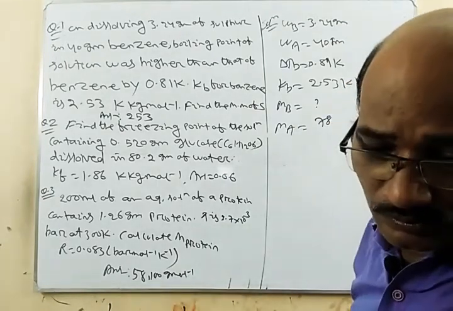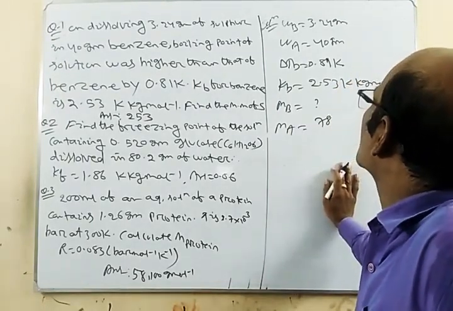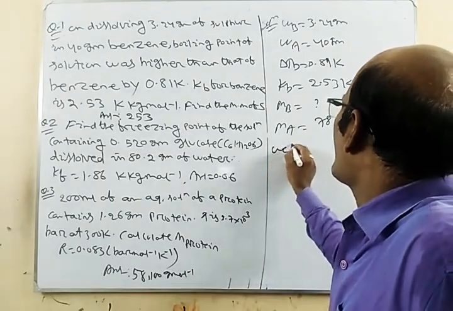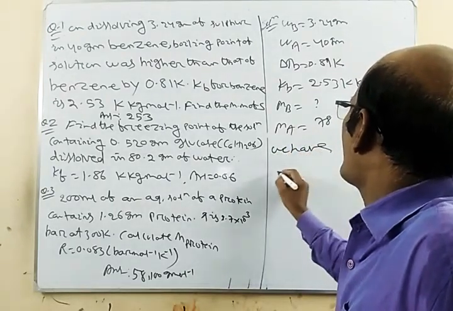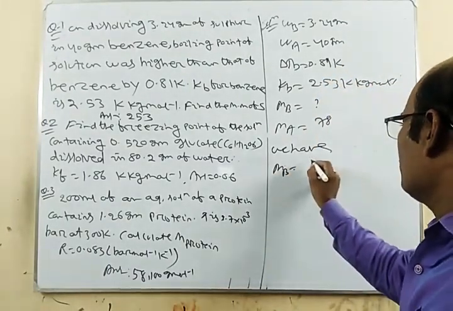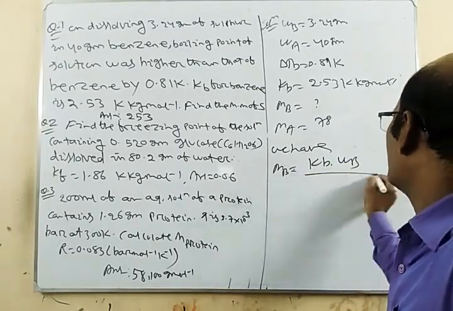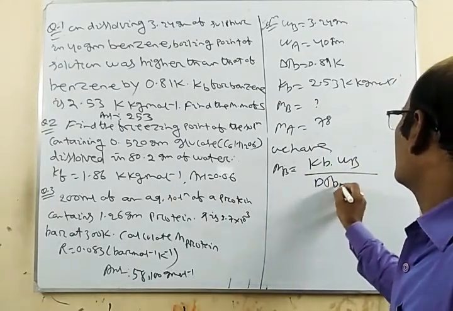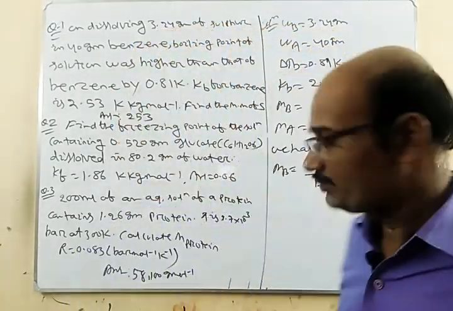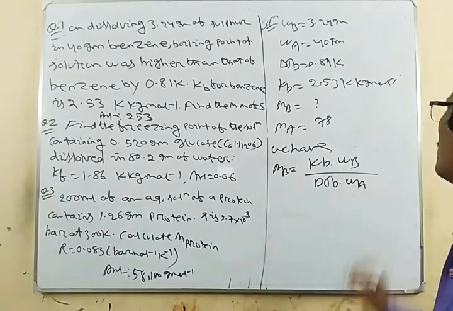78. We have M_B equal to K_b into W_B by delta T_B into W_A.